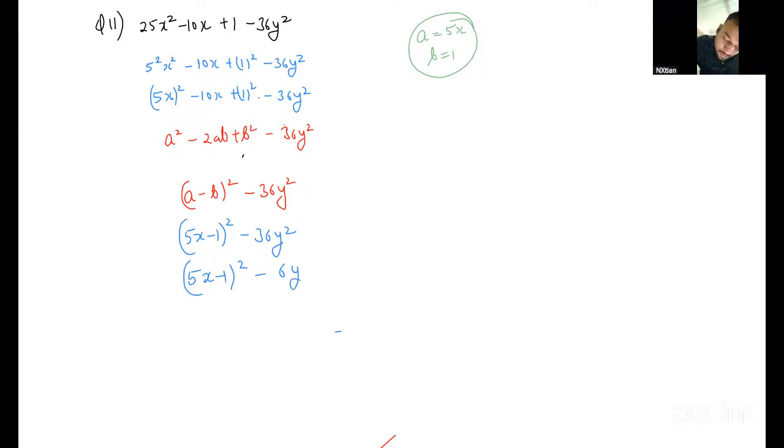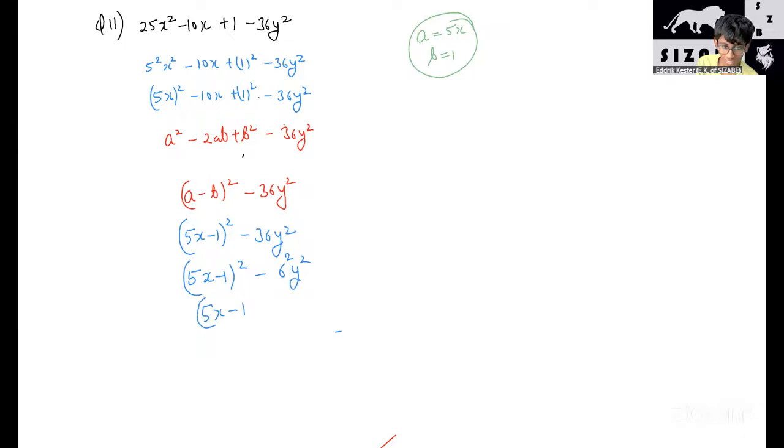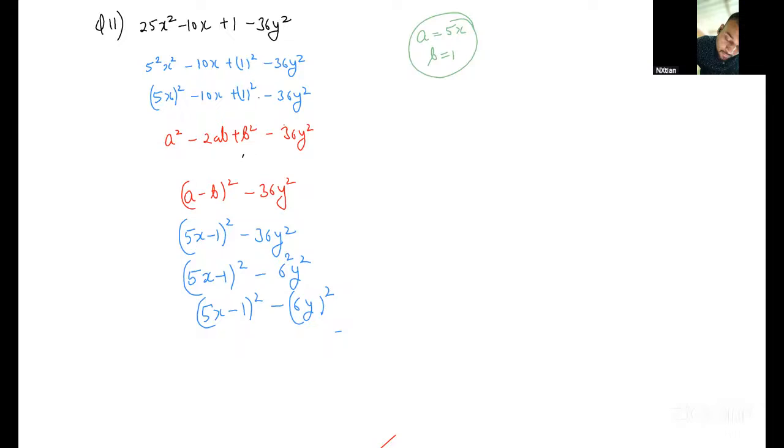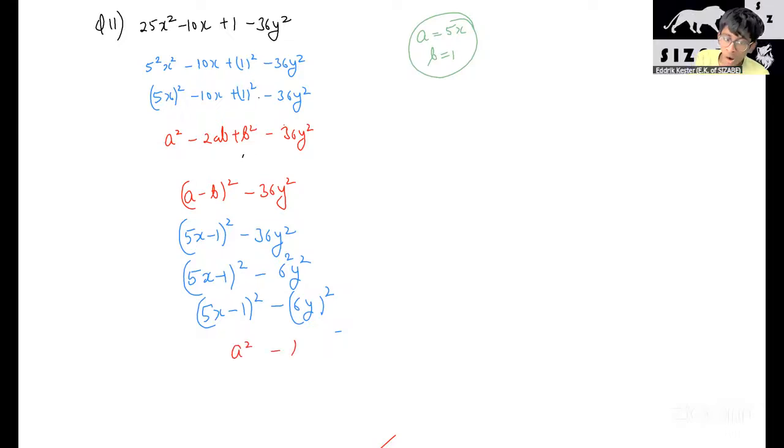Yes, correct, it should be 6y the whole square. Easy question. a square minus b square equal to a plus b into a minus b.